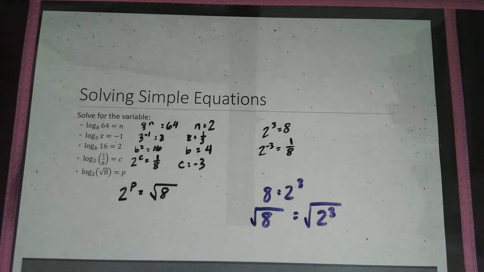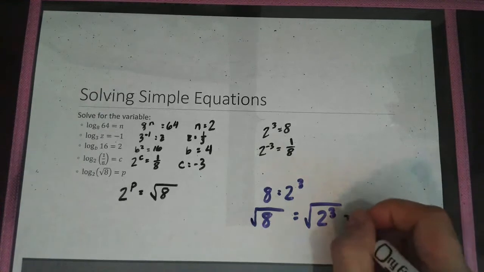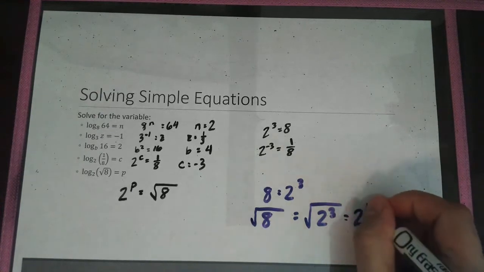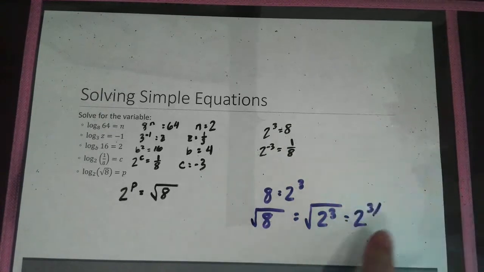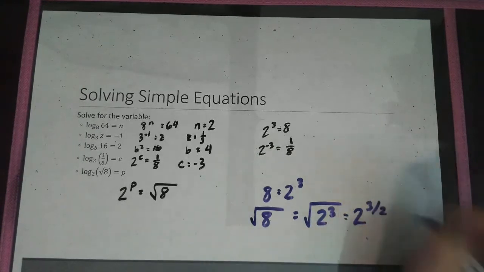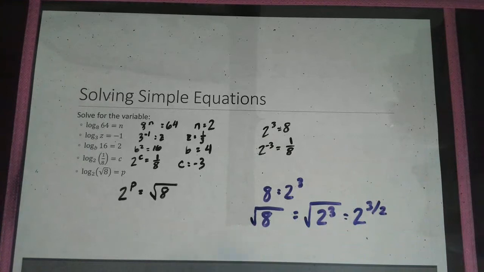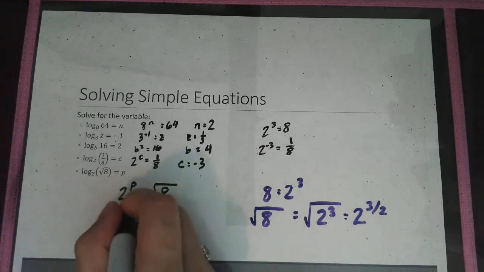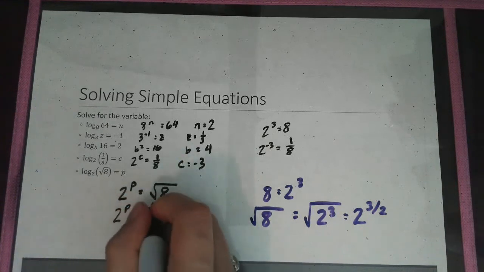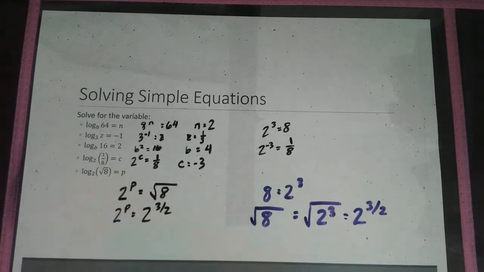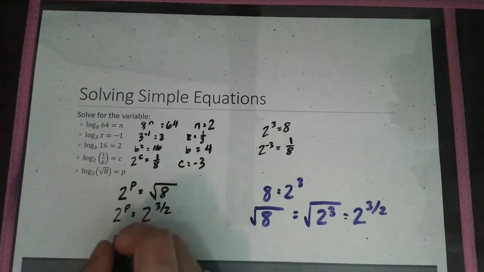If I put this into our fractional or rational exponent form, that will be 2 raised to the third power. That 3 is going to be over a denominator of 2 because it's a square root. So that means I can rewrite the square root of 8 as 2 to the 3/2 power. So I get 2 to the p is equal to 2 to the 3/2 power. Well, that means p equals 3/2.